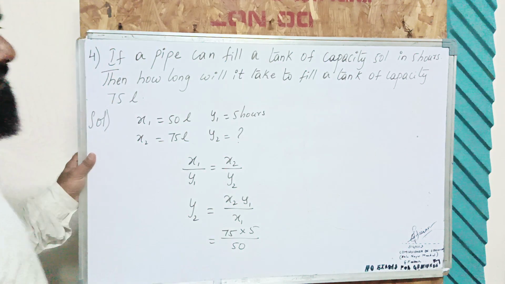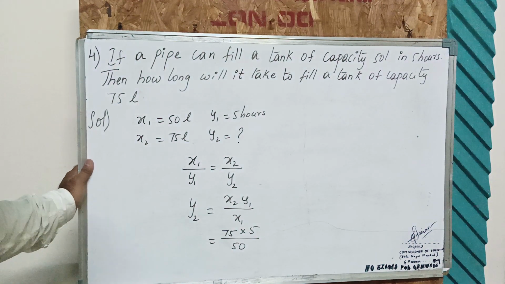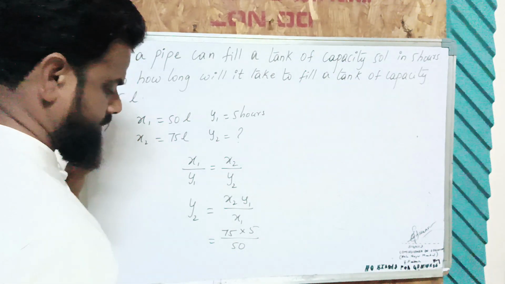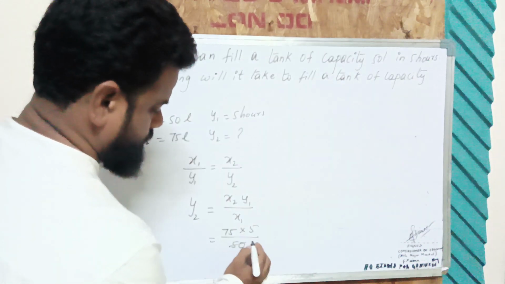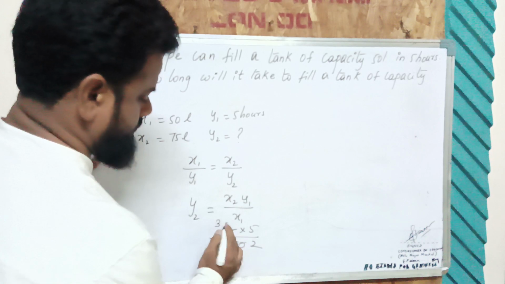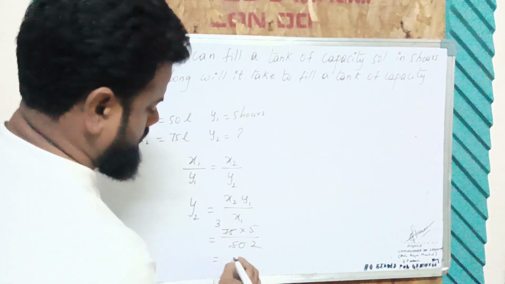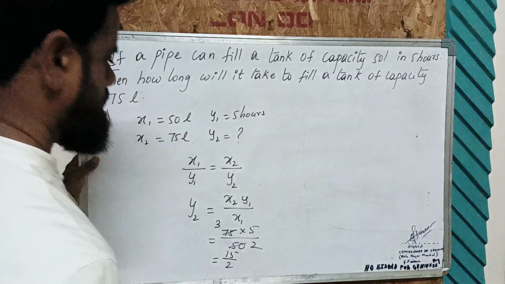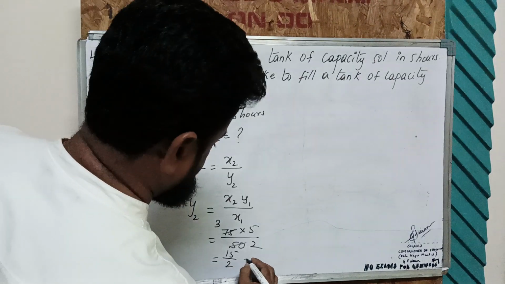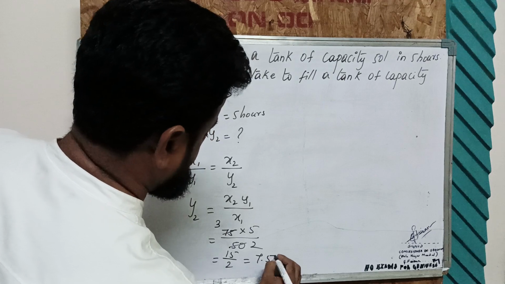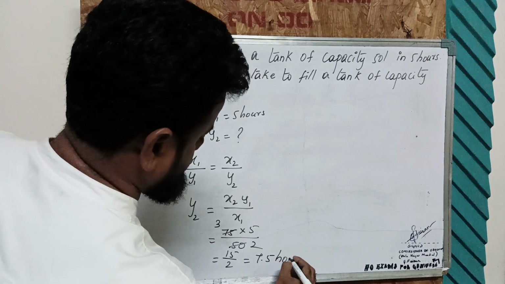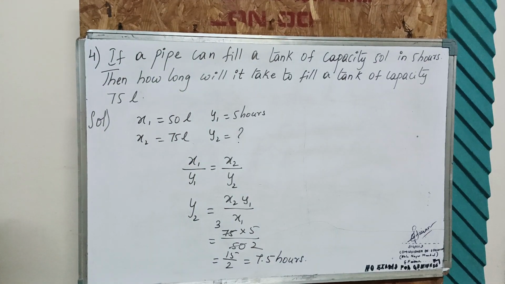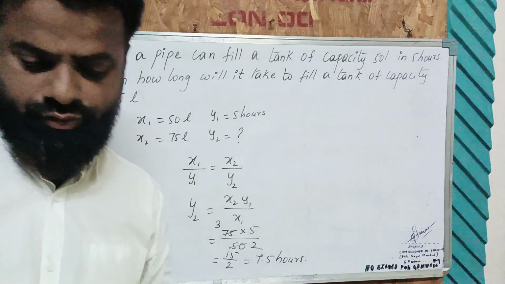Now 75 and 50, they both come into the same table of 25. So we can cancel them. 25 2s are 50, 25 3s are 75, 3 into 5 is 15. So this is coming as 15 by 2. So that will be 7.5 hours. Is it clear? Please make a note of this.